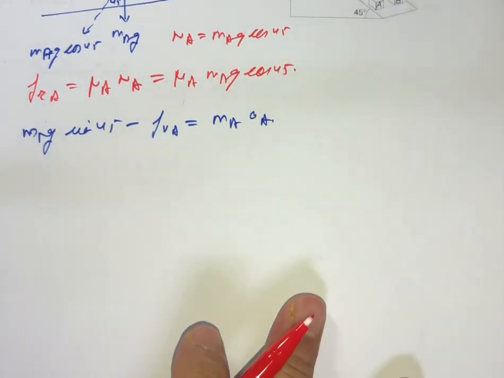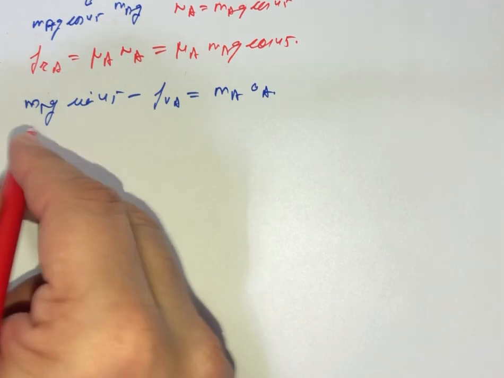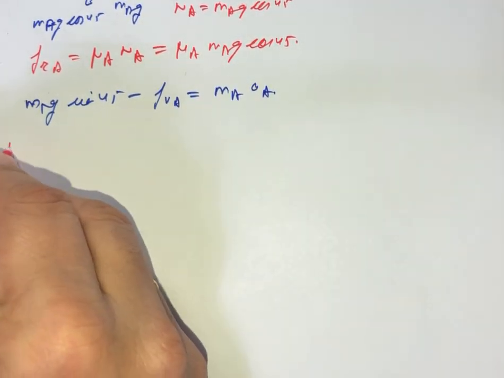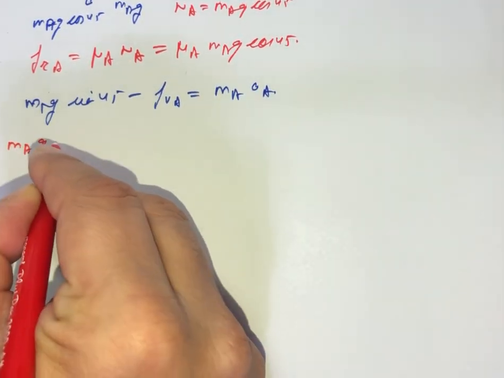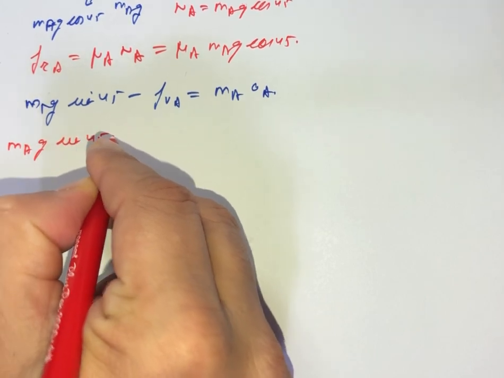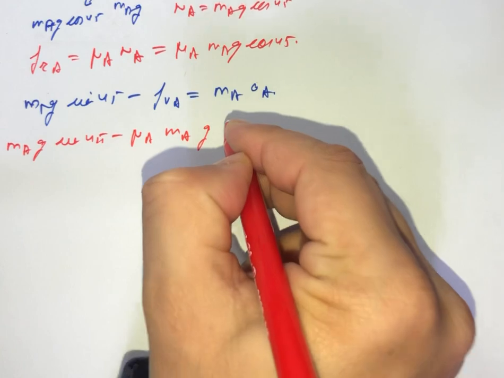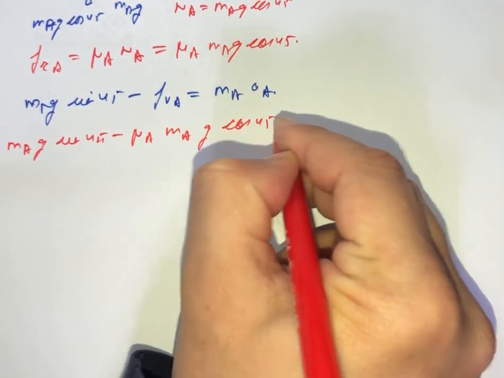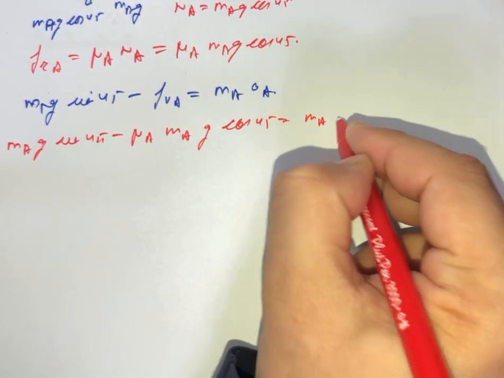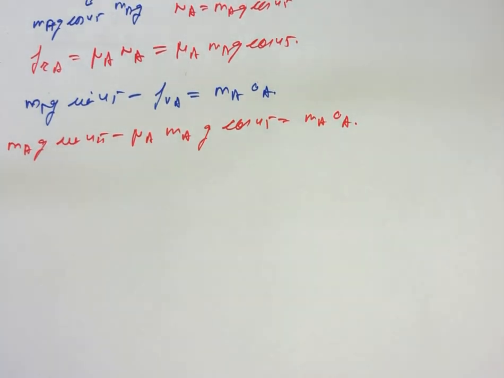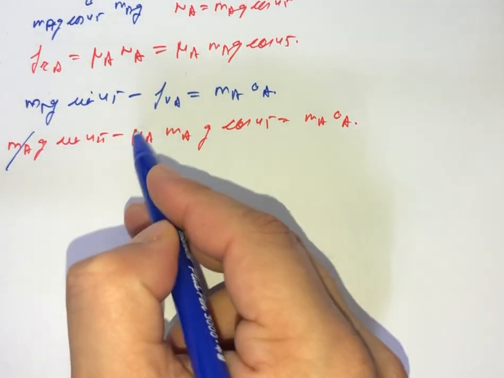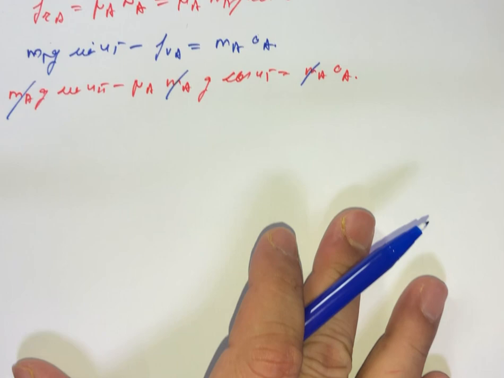We substitute the value of FRA. So we get MAG sine of 45 minus mu A MAG cos of 45 is equal to MA into its acceleration AA. MA cancels out throughout.